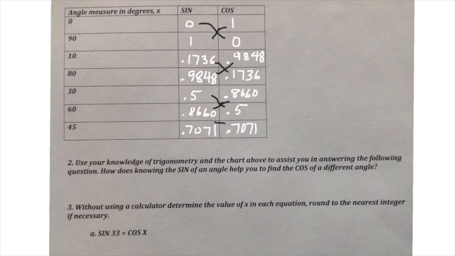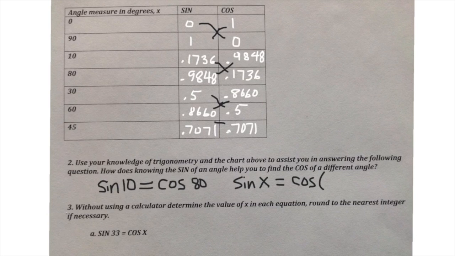So if you've given it enough thought, and you look at the table above, the sine of 10 is exactly the same as the cosine of which other angle? The cosine of 80. So if you know the sine of an angle, then you'd know that it would be the same thing as the cosine of a different angle. The sine of 10 is the same as the cosine of 80.